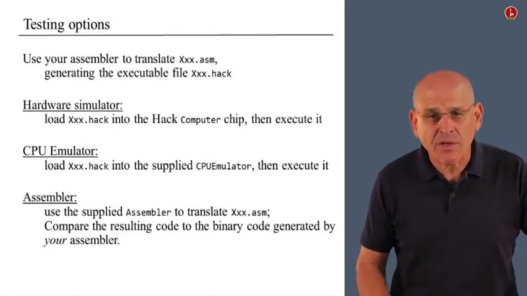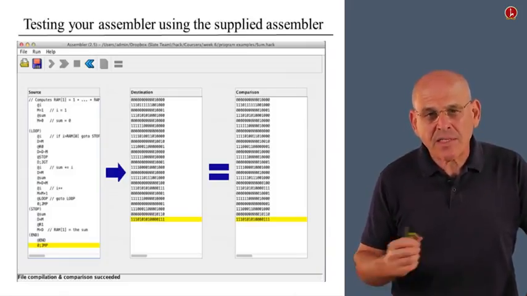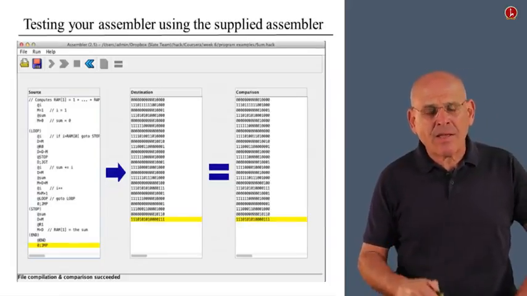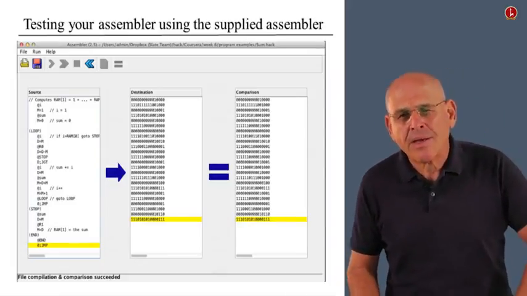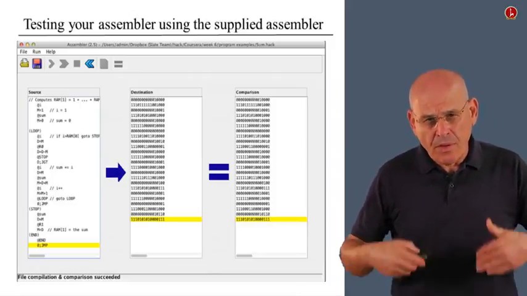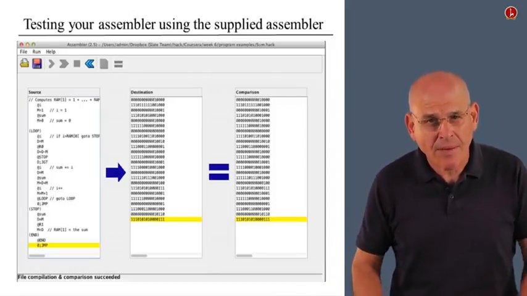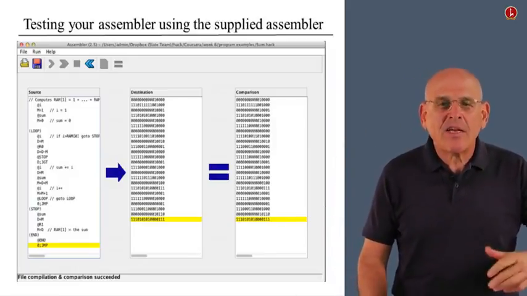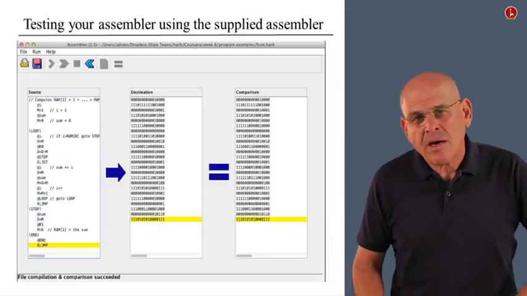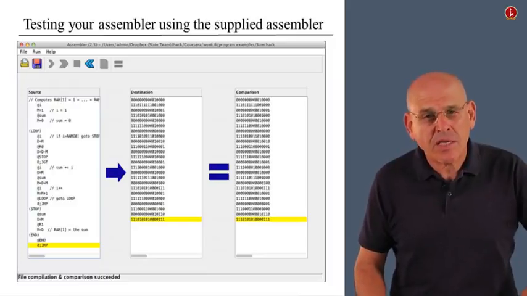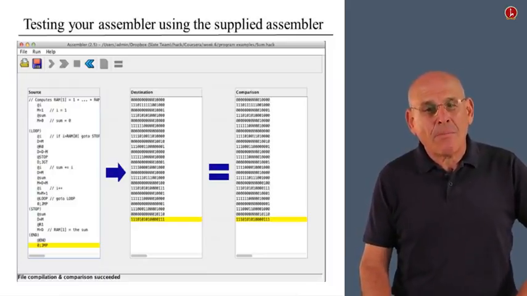Okay? So we do recommend that you use this third option in order to test your work, and here's how you actually do it. What we see here is a snapshot of the assembler that we supply in the course website, actually in the NAND to Tetris website. So you invoke this program called assembler. This nice window pops up, and then you can load into the assembler the ASM program, which you see here in the left pane.